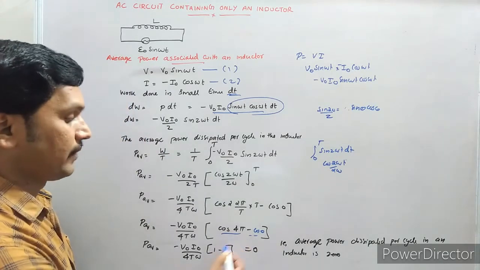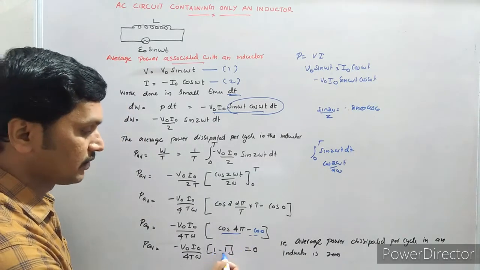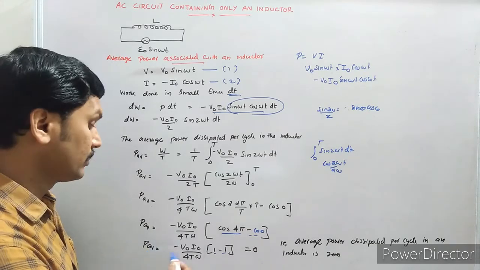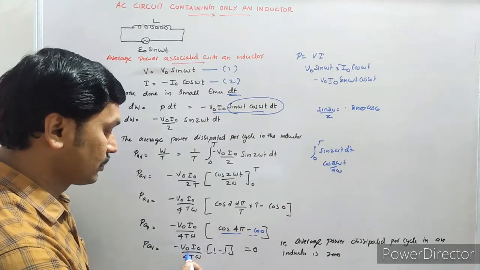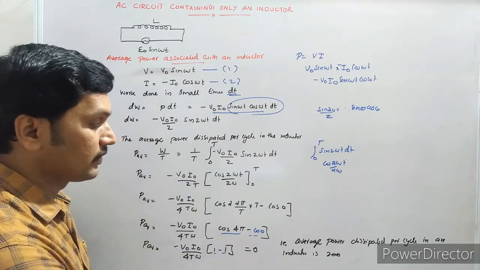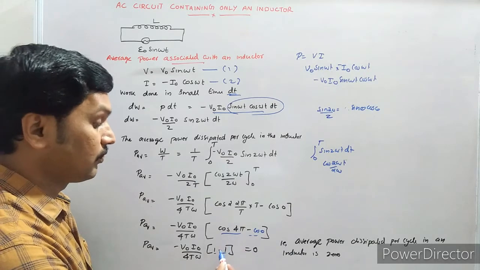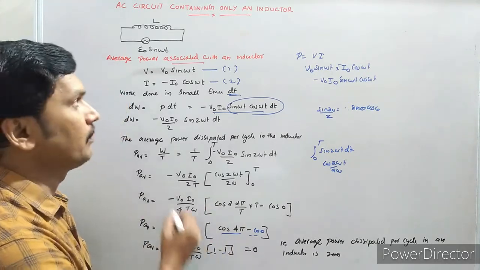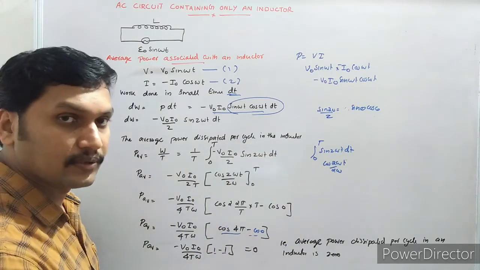But cos 4 pi is 1 and cos 0 is also 1. So the average power is equal to minus V0 I0 by 4 omega T into 1 minus 1. 1 minus 1 becomes 0. So average power in a complete cycle we are getting as 0.